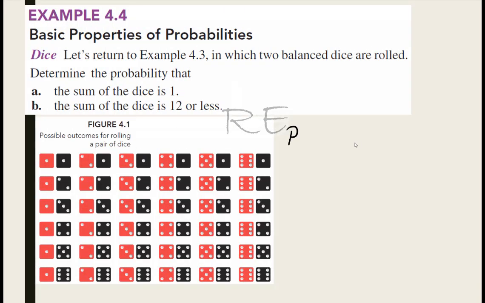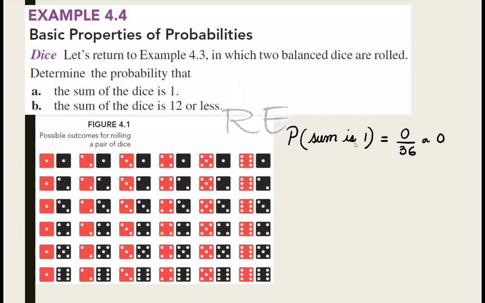If we go back to the problem that we solved before, the probability that the sum is equal to 1, since there's no 1 on the sample space, we start at 2. That probability is 0 over 36, which is 0.